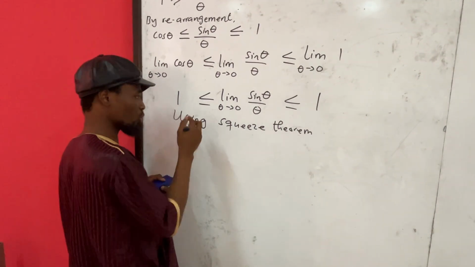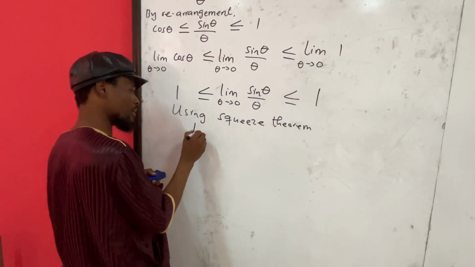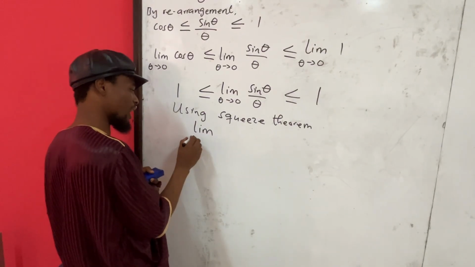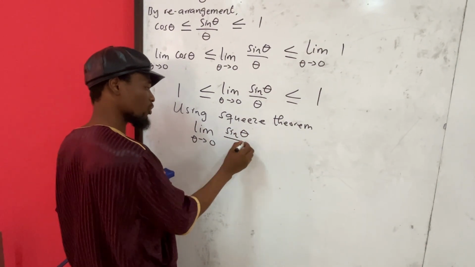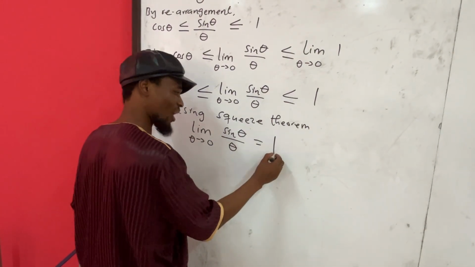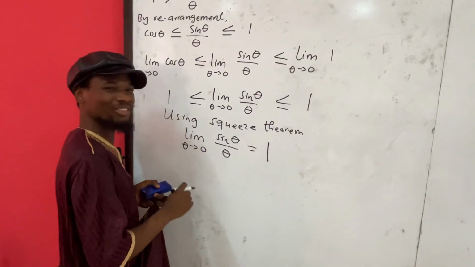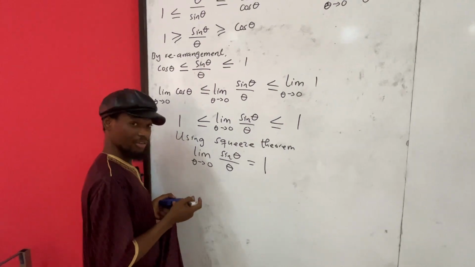So we can say that using the squeeze theorem, the limit as theta approaches 0 of sine theta over theta is equal to 1. Viewers, have you seen how simple the proving is done? Very, very trivial.